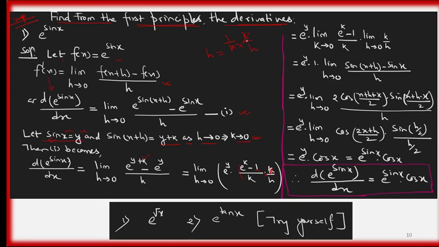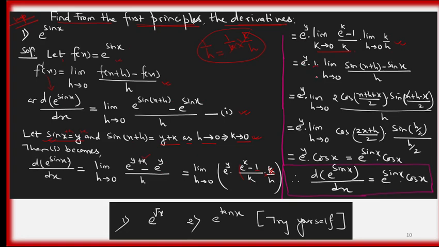K cancels. So e to the power y is taken out. As h tends to 0, k also tends to 0. So as k tends to 0, (e to the power k minus 1) by k, to apply the formula, we have developed this, and again the limit as h tends to 0 of k by h I have written. We have simply separated them, and the value is 1.